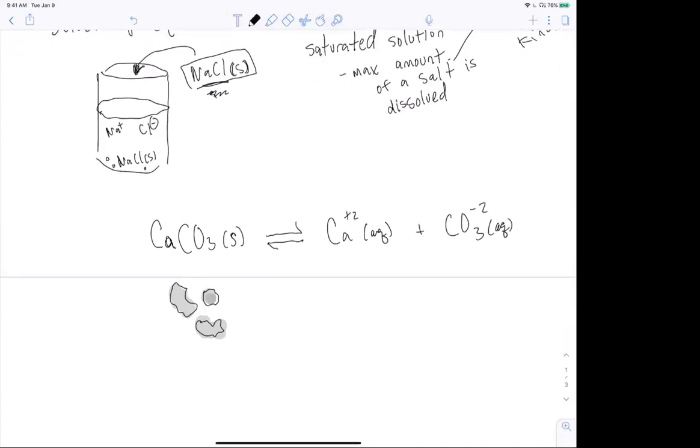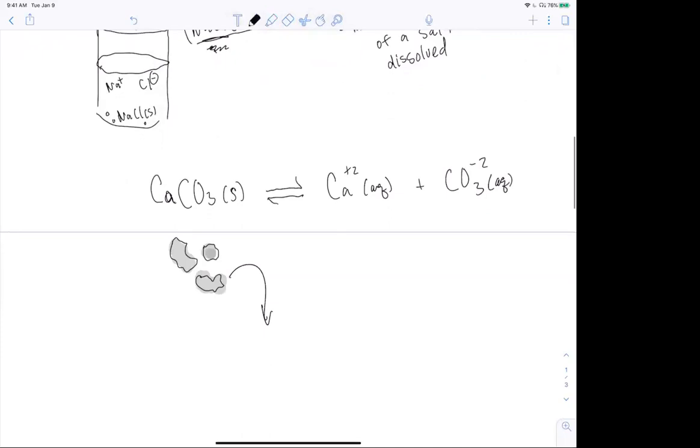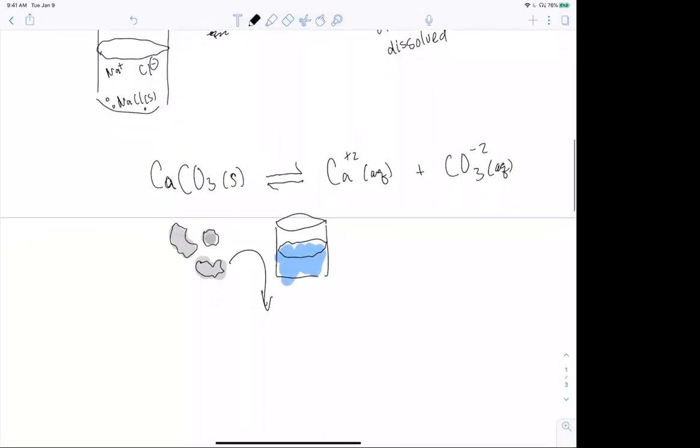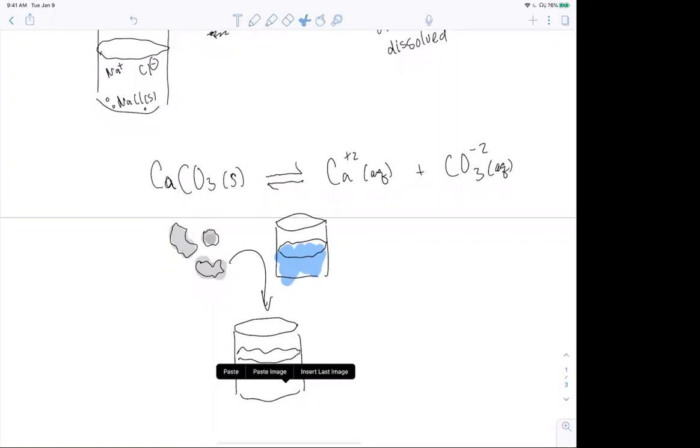And so if I take this, let's say, and I put it into water, some of this is going to come off in solution.